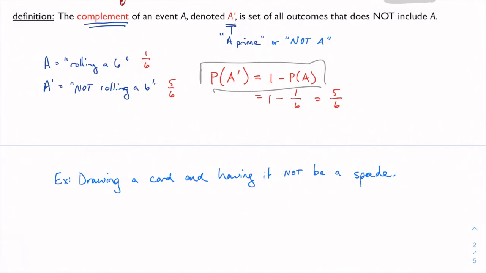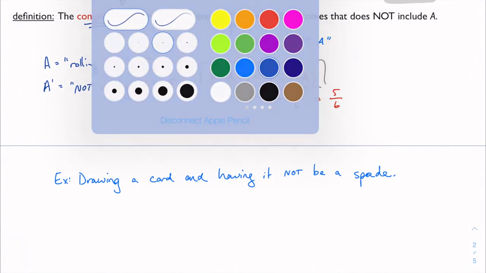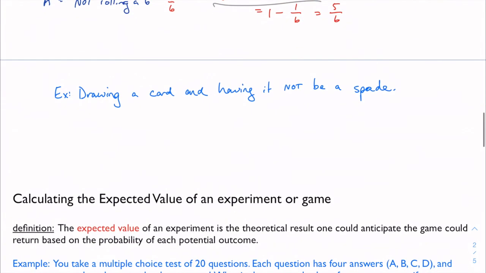So, for example, drawing a card and having it not be a spade. I could do this long form, the long way out, but that's not always the most helpful. I could think about all the possible ways I could not get a spade, or I could say the probability of not a spade is equal to 1 minus the probability of having it be a spade. So there are 13 cards out of 52 in the deck.